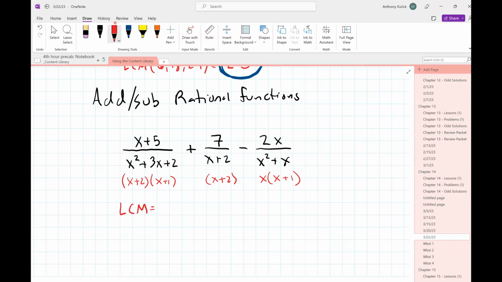So the least common multiple of these things is going to need to include each distinct prime, right? How many distinct prime factors do we see? You should see 3. We see an x plus 2.